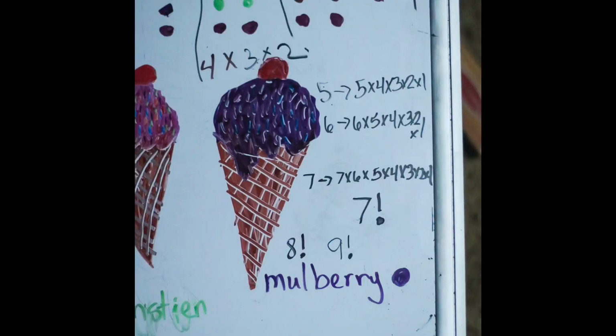Well, in the factorial, it's the same kind of thing. We get tired of saying 7 times 6 times 5 times 4 times 3 times 2, or if we're starting at 9, 9 times 8 times 7 times 6. So we use a little exclamation point to use a shorthand, a notation, so that we don't have to go through all that.